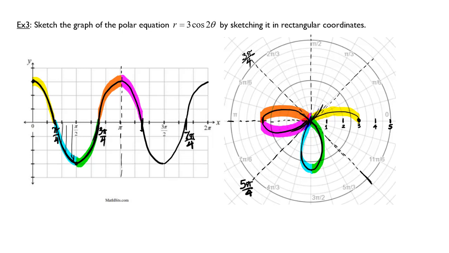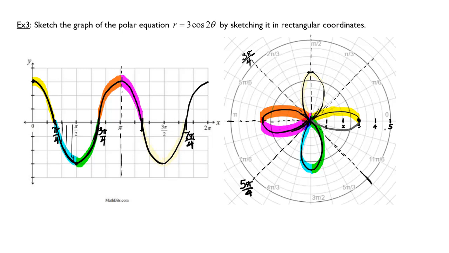So we go up to 3 and then back down again. I'm going to make that color a strange shade of yellow here. And that corresponds to this part here, this petal. And then the last little bit is when it comes back to where we started.